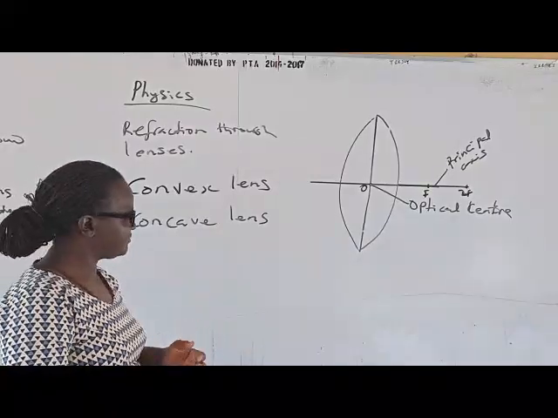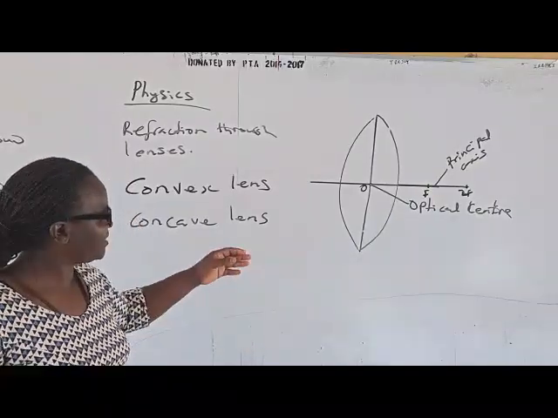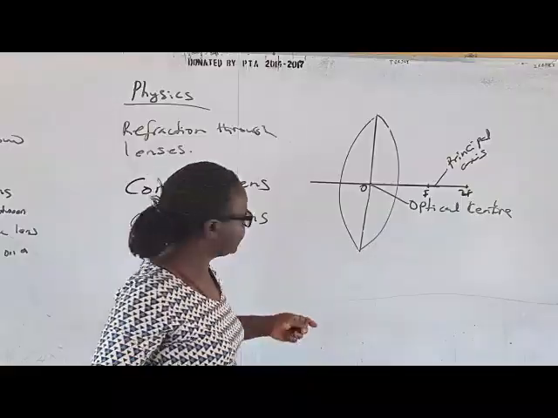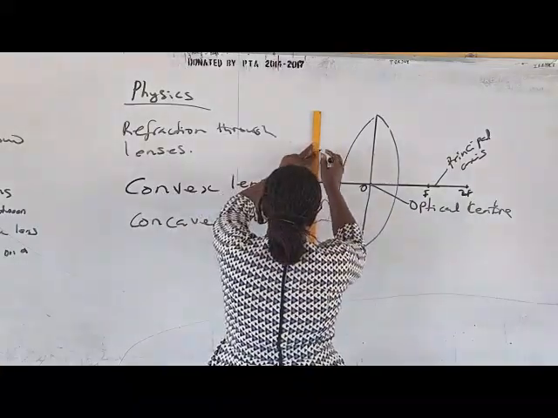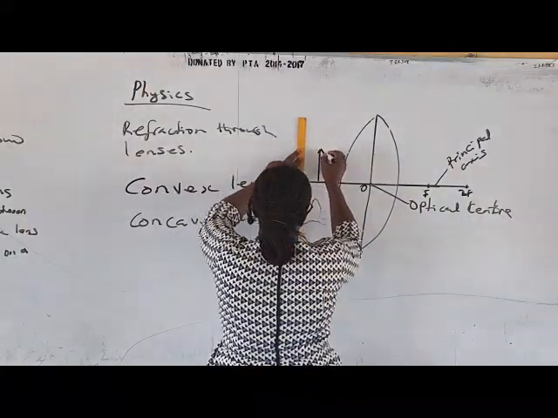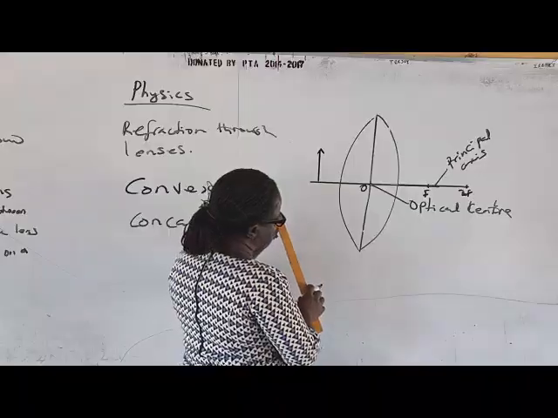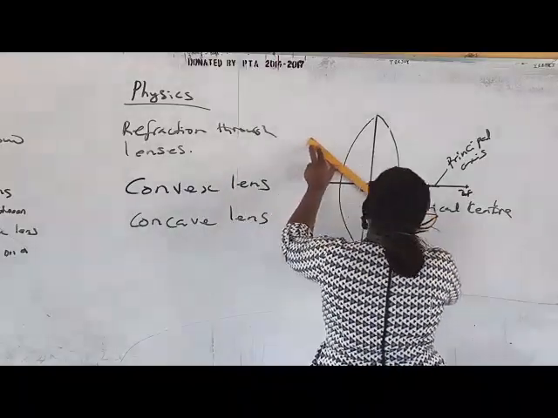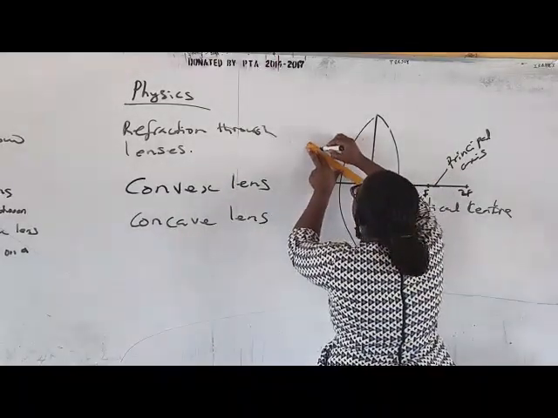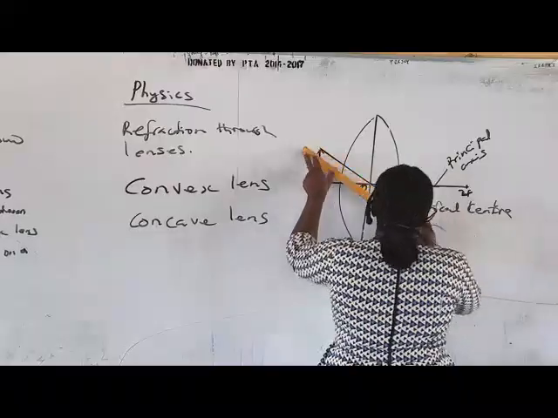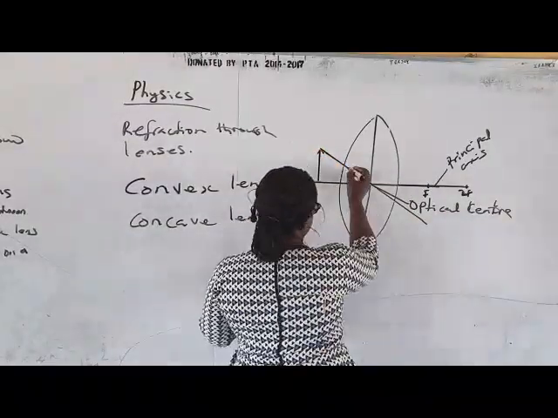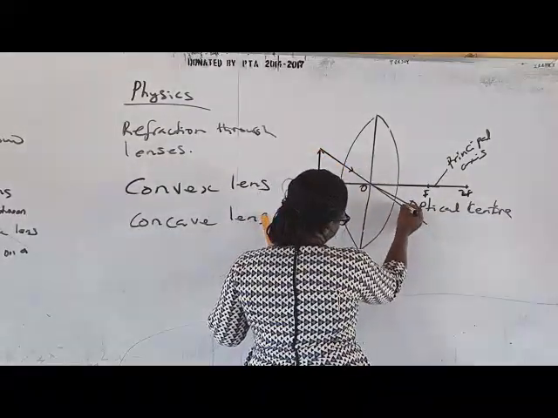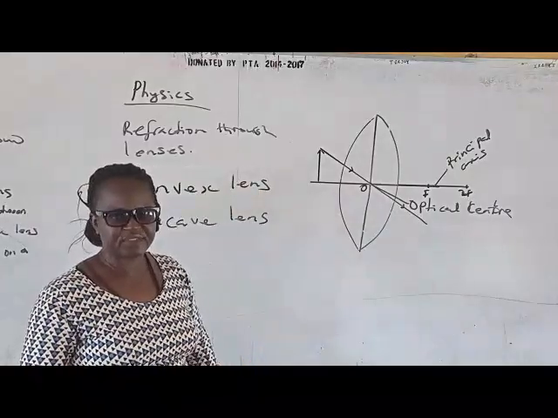Rule number 1: a ray must come from the object. Supposing we drop the object here, a ray will come from the object and pass through the optical center. Remember, when you are drawing ray diagrams, you must indicate with arrows.